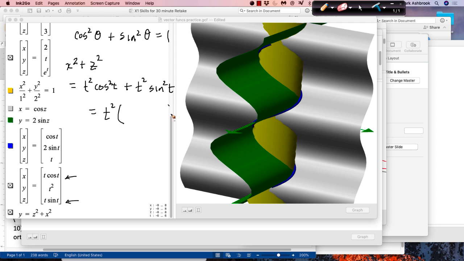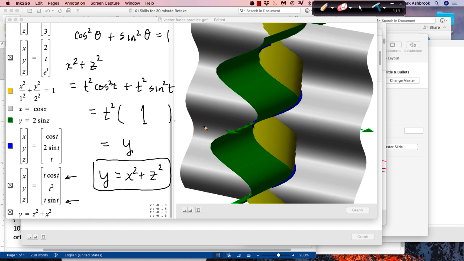What am I left with? 1. But what is t squared equal to? Y equals? What's that? Paraboloid.